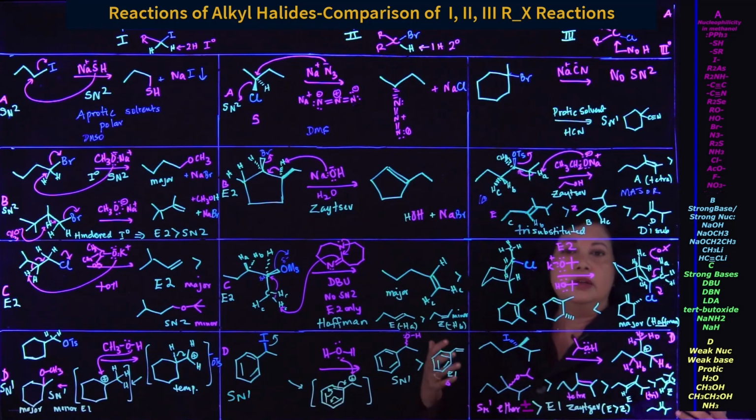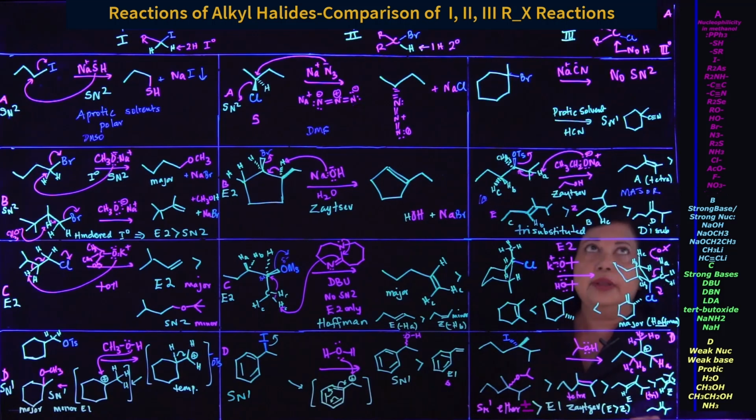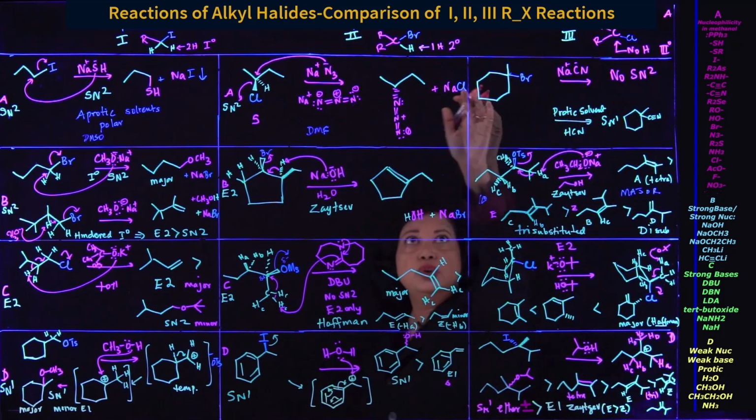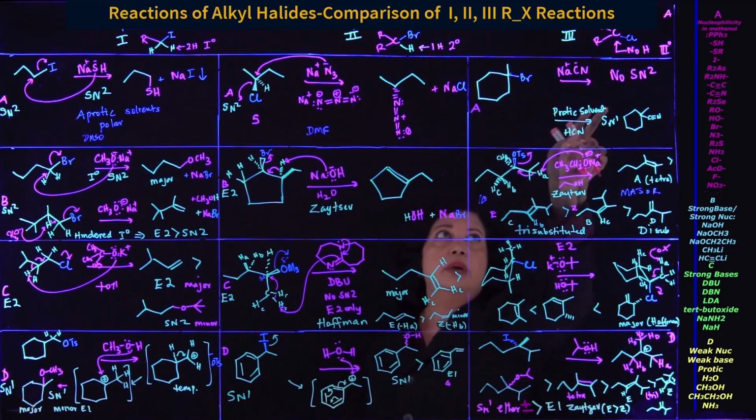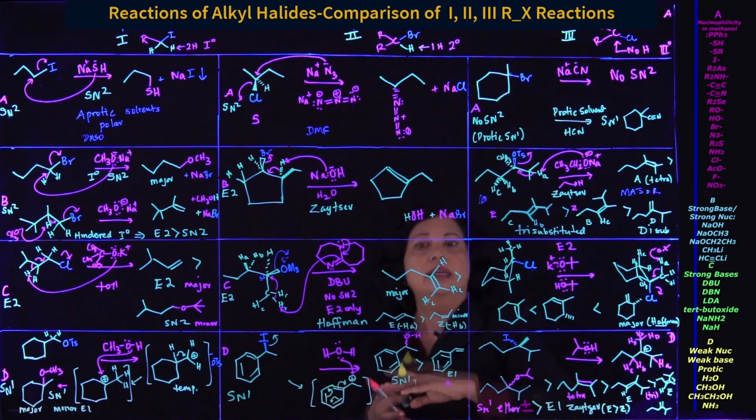And they have completely different mechanisms because of the physical organic principles that govern reaction pathways and the energies. So therefore, when you have a tertiary with A, you are going to get no SN2. If it is protic, or acids, then you will get SN1.